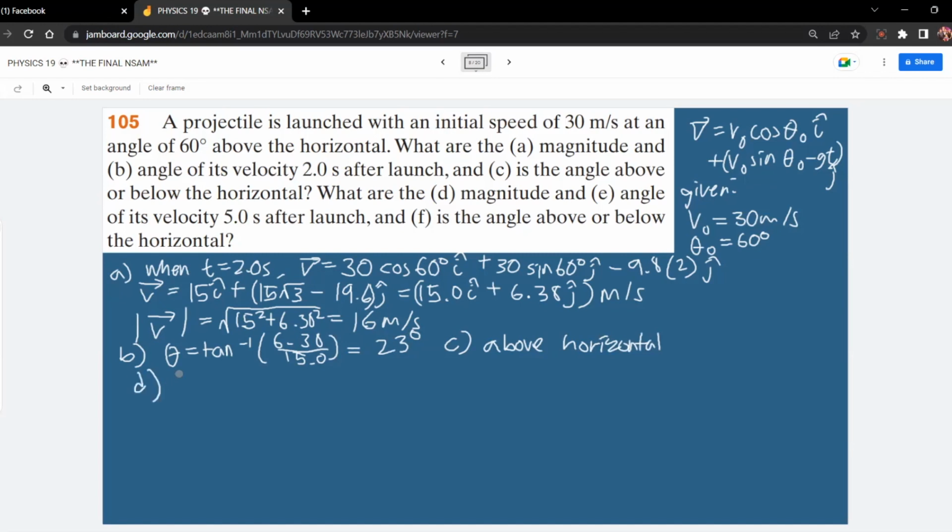And then when t is equal to 5 seconds, okay. And then 30 sine 60 minus 5 times 9.8.